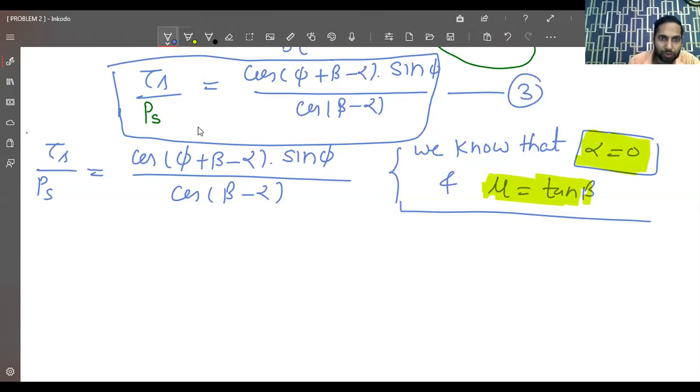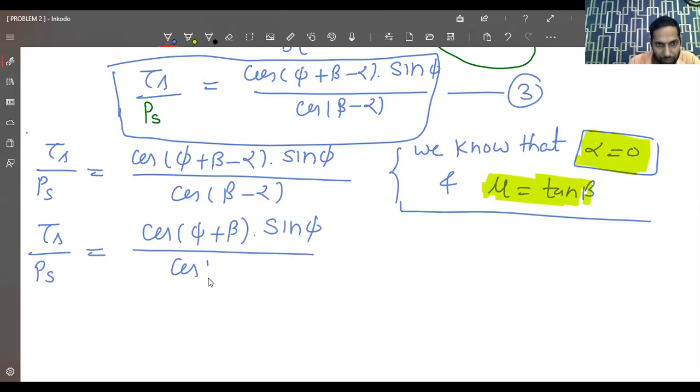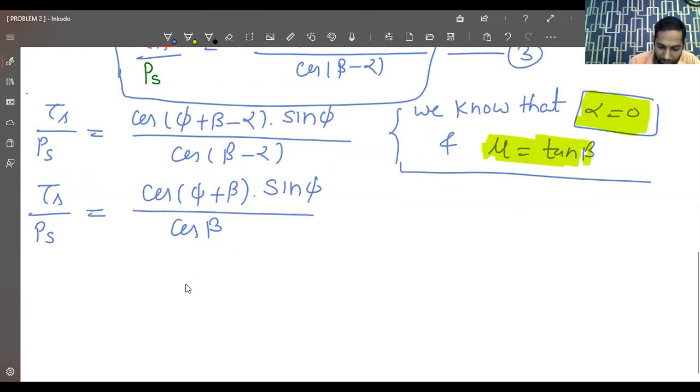So it will become tau s by ps is equal to cos of phi plus beta into sin phi over cos beta. Clear hai? Clear hai? Yahan tak kisi ko dikkat honi nahi chahiye.